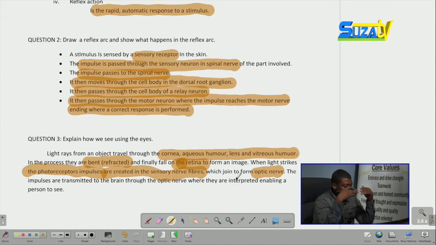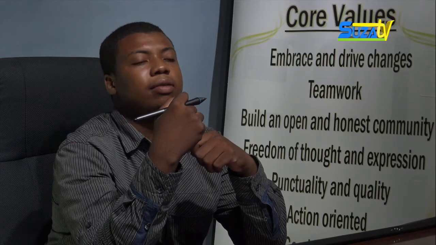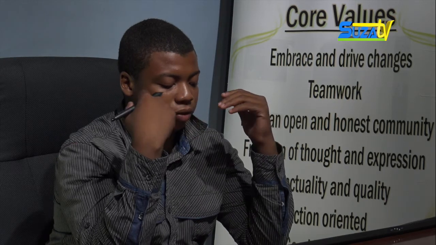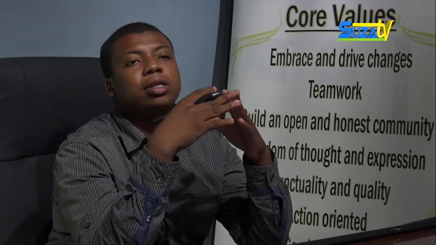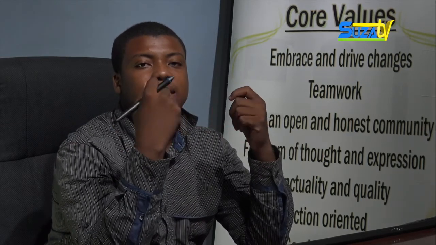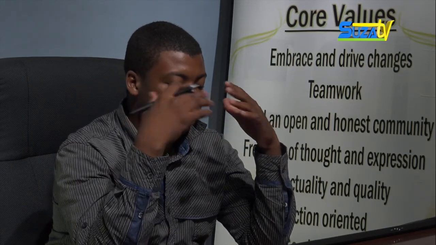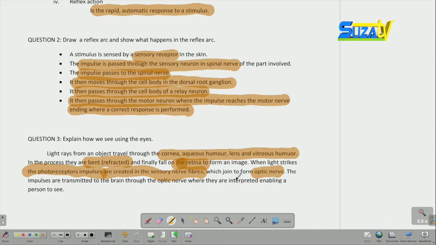So when they finally fall on the retina, the photoreceptors inside the retina create impulses which move on to the sensory nerve fibers, creating the optic nerve. So the optic nerve is made up of many sensory nerve fibers. The impulses are transmitted through the optic nerve to the brain.